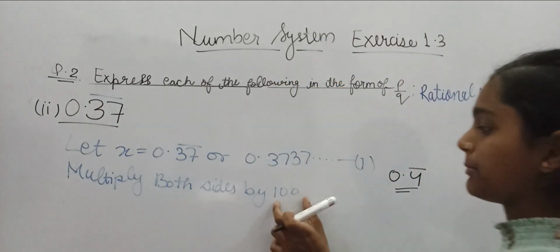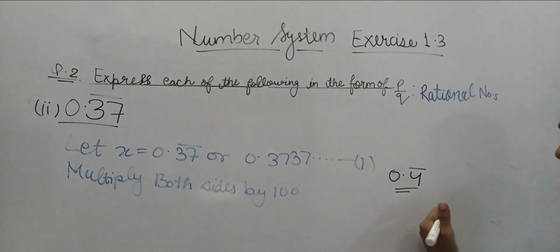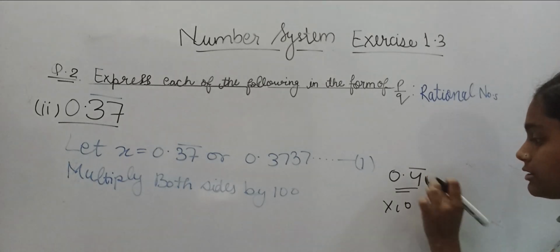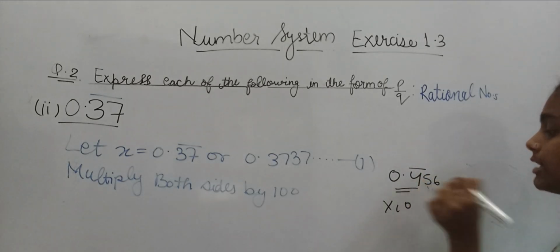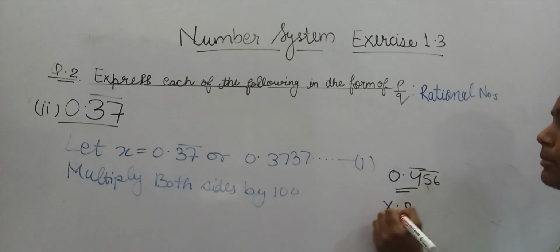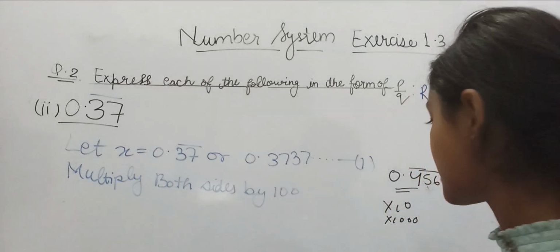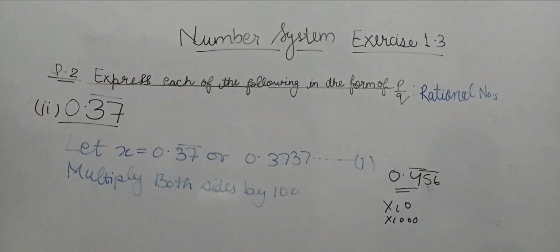Thus we are multiplying with 100. If there is one digit, we multiply with 10, and if there were three digits like 0.456, we'll multiply it with 1000. Got it?